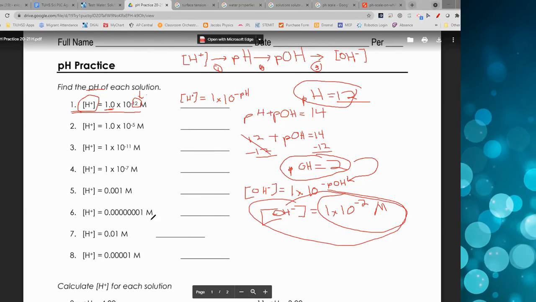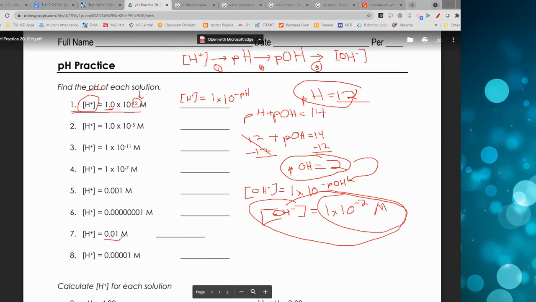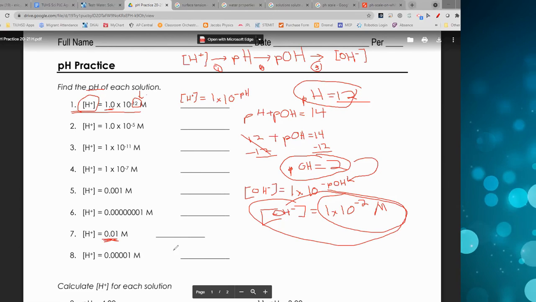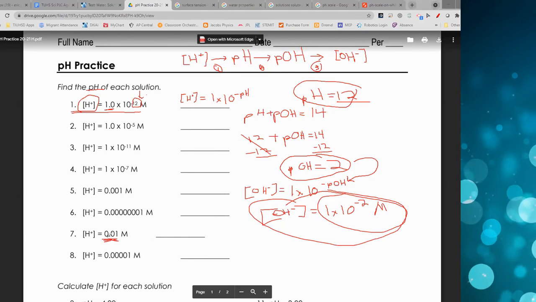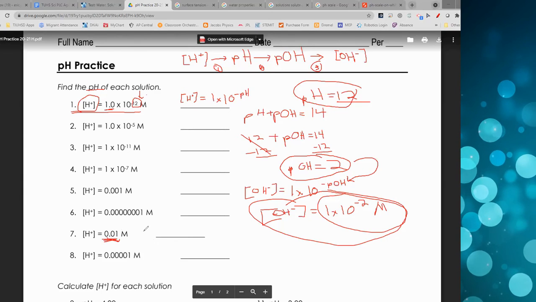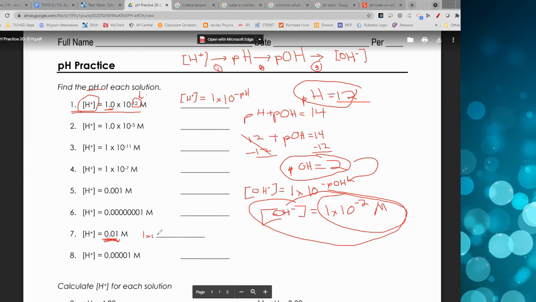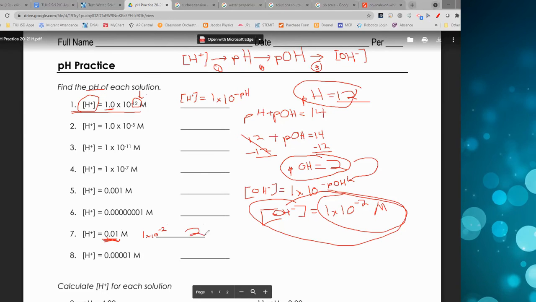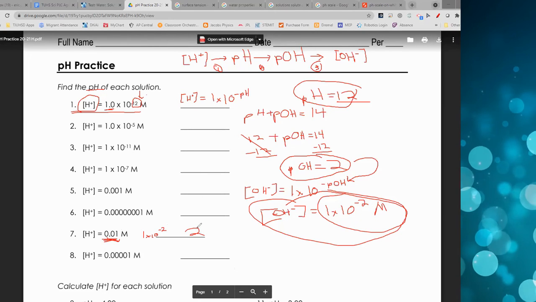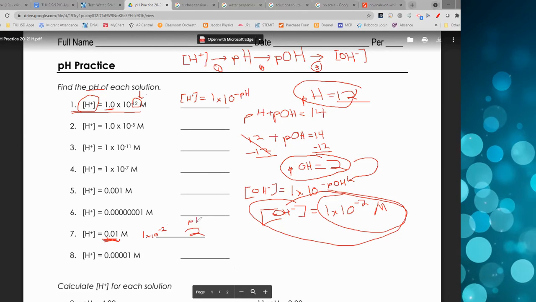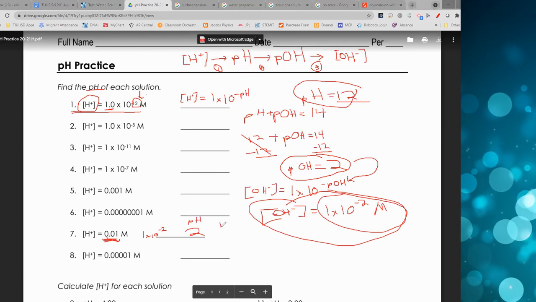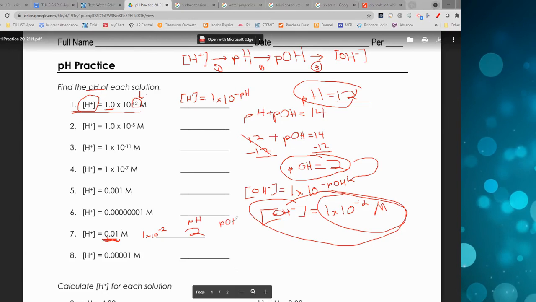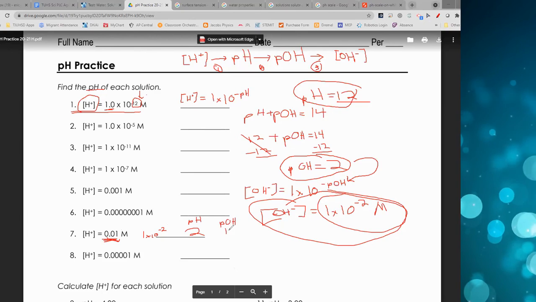On the test, I don't think you'll have one this difficult, but just remember, if you have to move the decimal 2 spots, this would be 1 times 10 to the negative 2. So then the pH of that would be 2. So if the pH is 2, that means that the pOH would have to be 12.